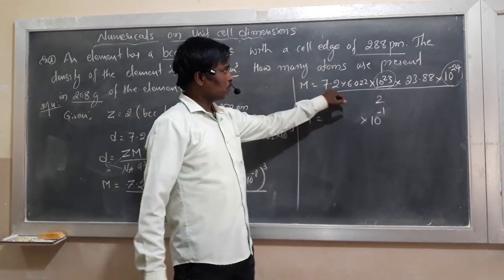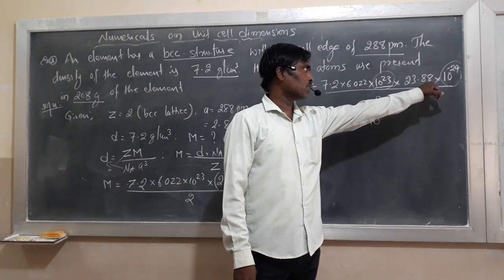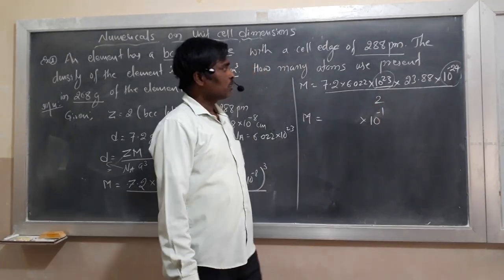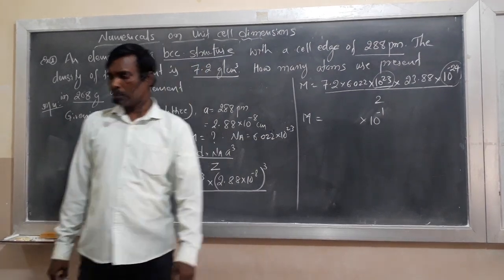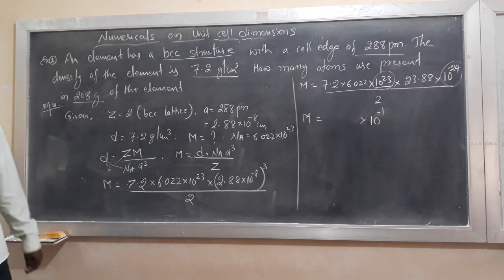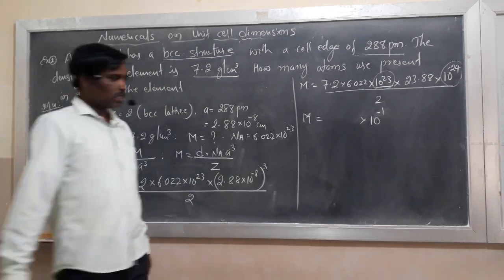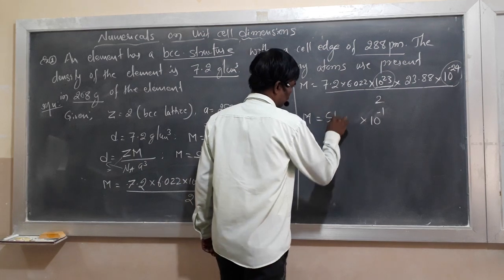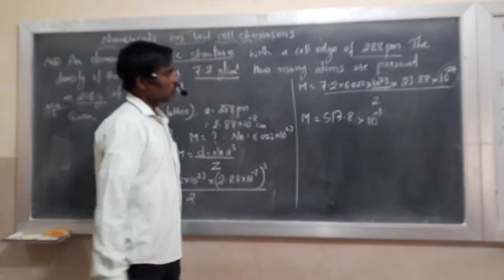Now 7.2 into 6.022 into 23.88 divided by 2. Multiply first all these terms, then divide that by 2. You will get the answer as 517.8 into 10 raised to minus 1.